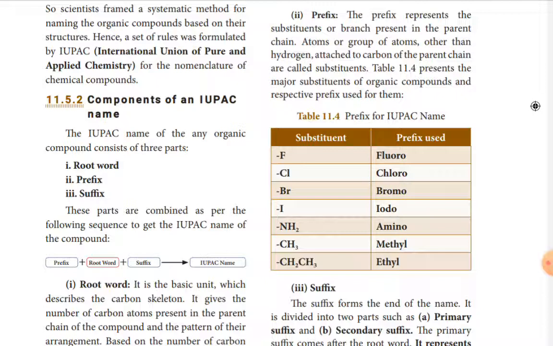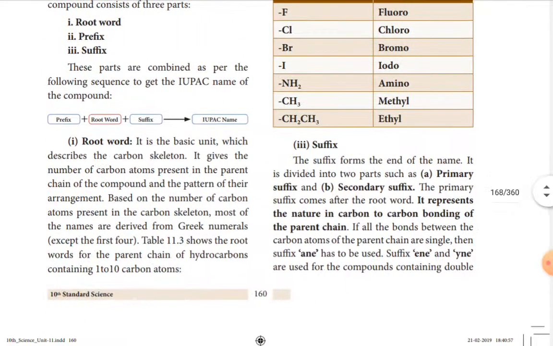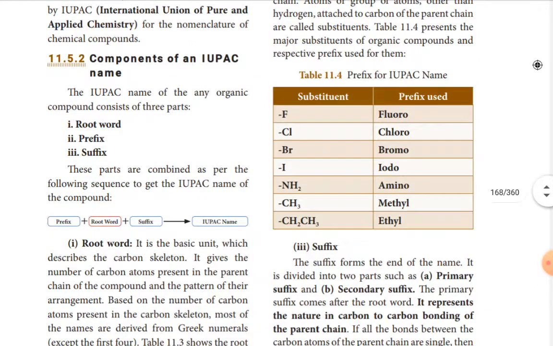Then prefix is the term or phrase before the root word, the beginning of the organic compound, based on the substituent. What is called a substituent? Atoms or groups of atoms other than hydrogen attached to carbon. Some examples are given in Table 11.4.